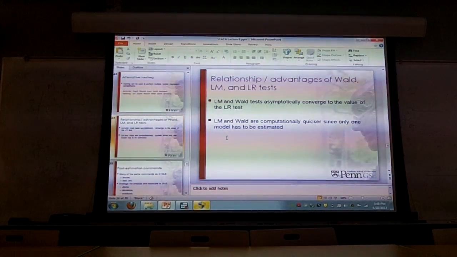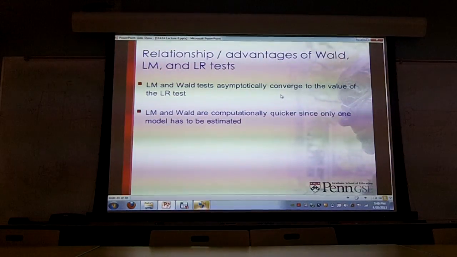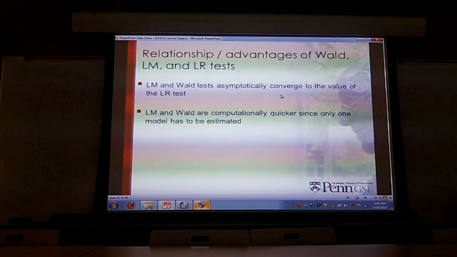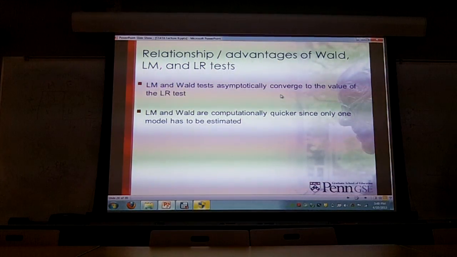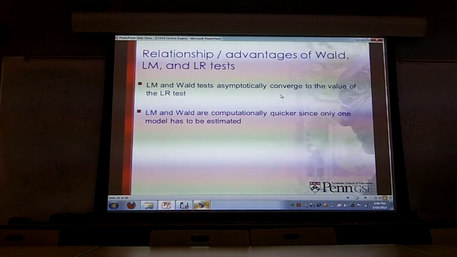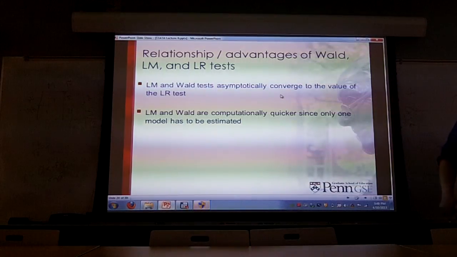So let's talk about what this means for a second. What does it mean to asymptotically converge? That's geek talk. So this says that as your sample sizes increase, the three of these tests will converge to the same results.